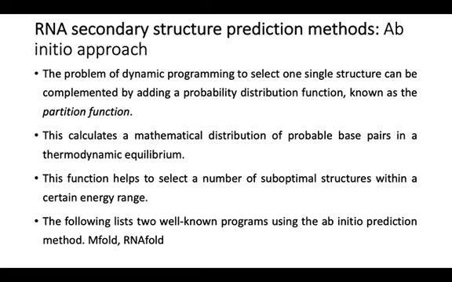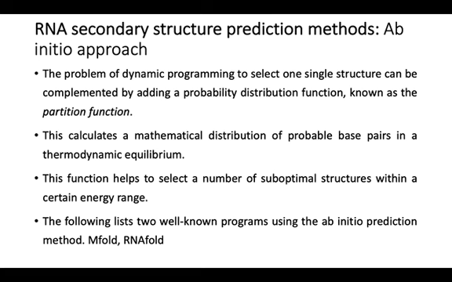The problem of dynamic programming selecting one single structure can be complemented by adding a probability distribution function known as the partition function. This calculates a mathematical distribution of probable base pairs in a thermodynamic equilibrium.